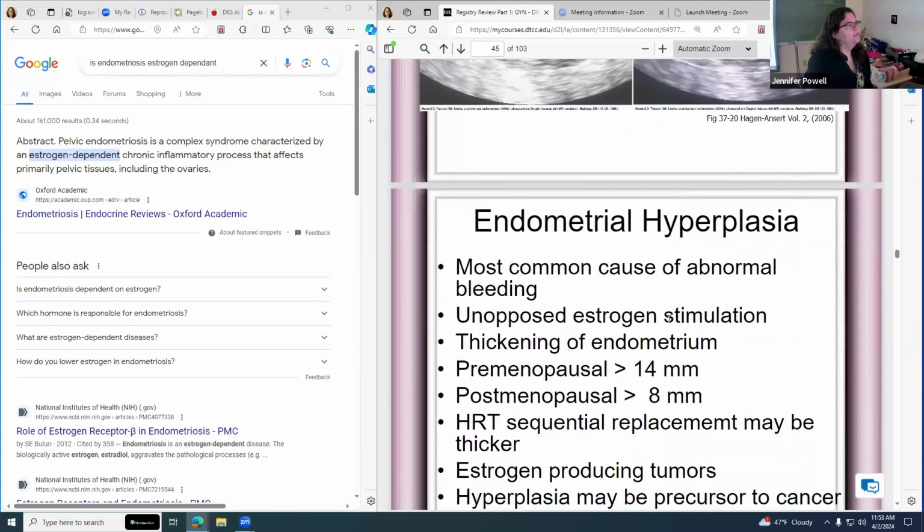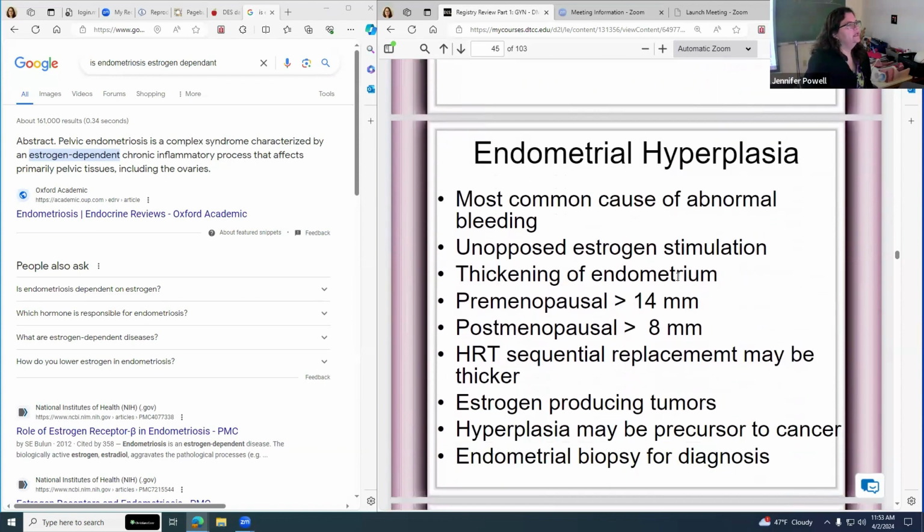All righty, endometrial hyperplasia, this is the most common cause of abnormal bleeding. It is caused from unopposed estrogen stimulation. You will have a thickened endometrium up to 14 millimeters in the premenopausal female and up to 8 millimeters in the postmenopausal female. So I believe that tamoxifen, given as a hormone replacement therapy, can cause this as well.